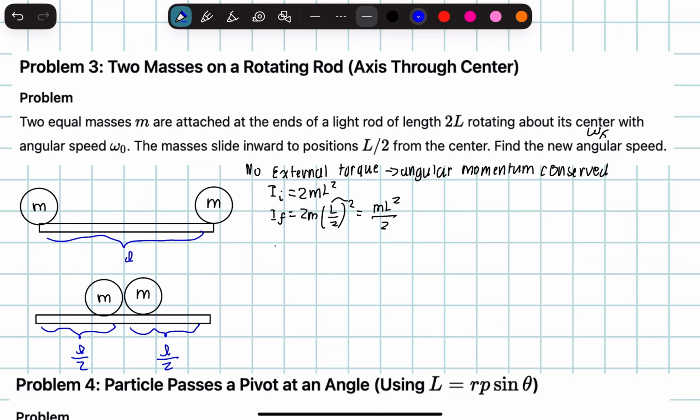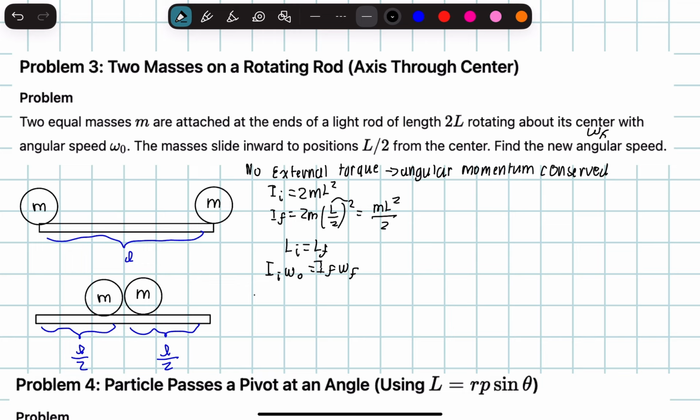Now we can write the conservation equation. L initial is equal to L final, and then you have I initial angular speed, I final angular speed again.